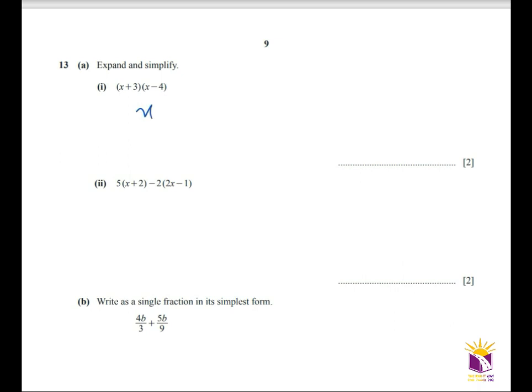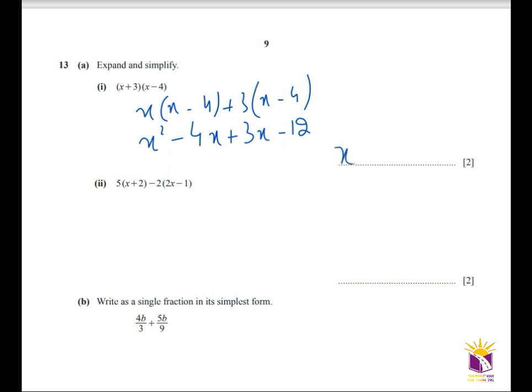Question number 13. Expand and simplify. So x multiplied with x minus 4 plus 3 multiplied with x minus 4. x times x is x square, minus x times 4 is 4x. 3 times x is 3x, minus 3 times 4 is 12.